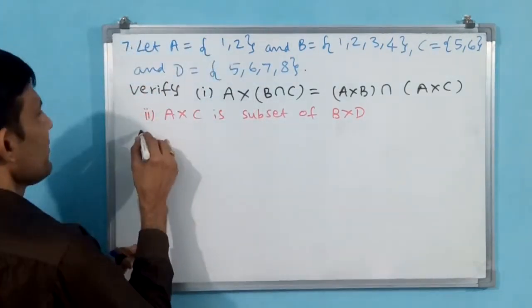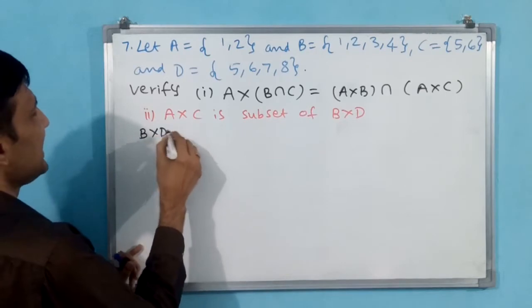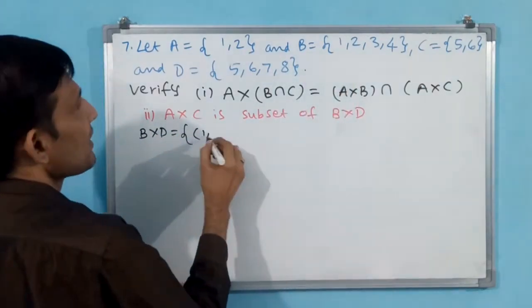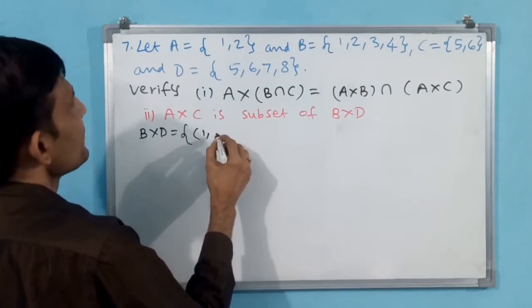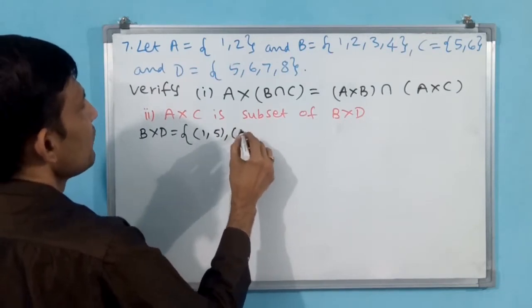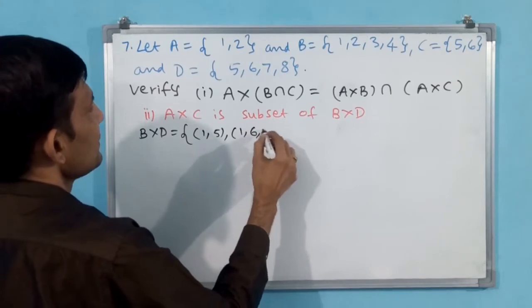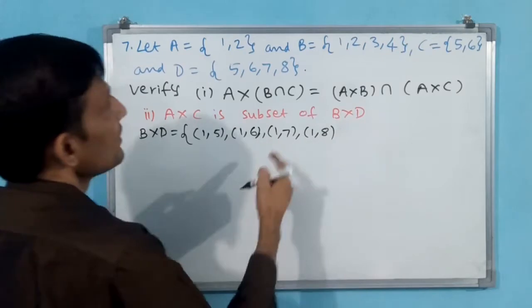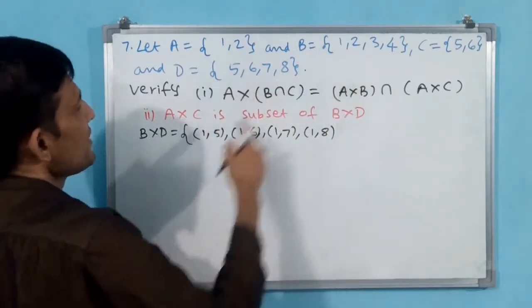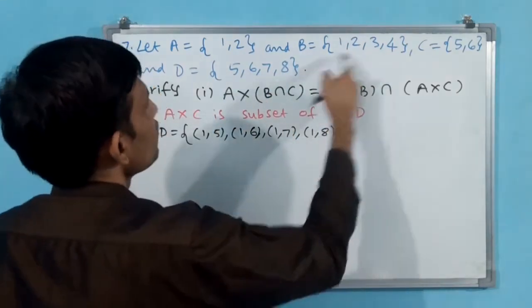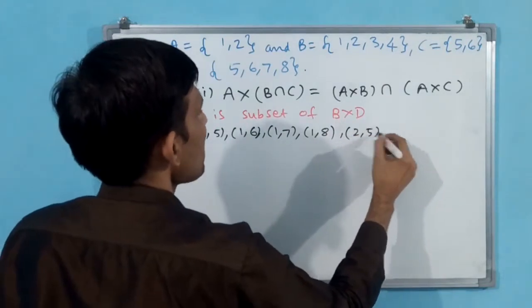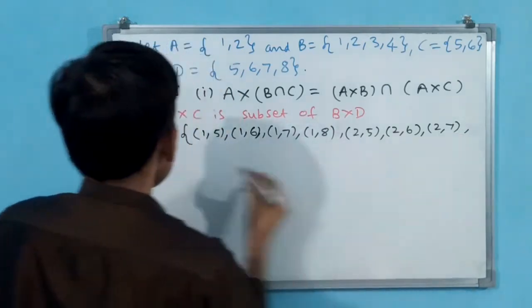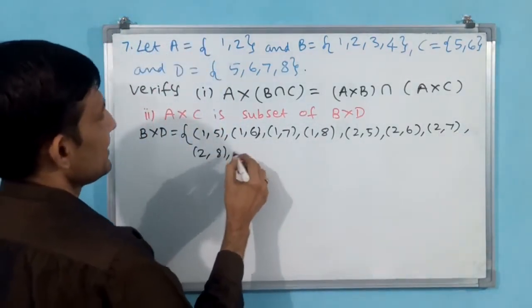B cross D is equal to, B what is there? (1,5), (1,6), (1,7), (1,8). With 1, all of 5, 6, 7, 8 you have to finish. Then with 2 also the same thing: (2,5), (2,6), (2,7), (2,8).